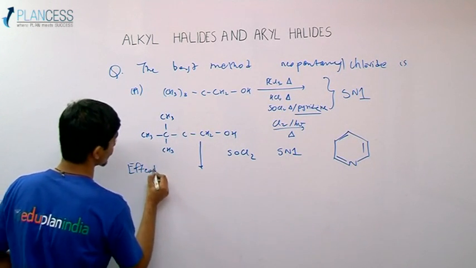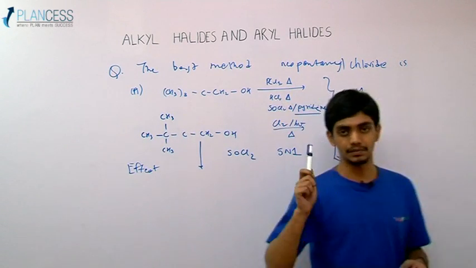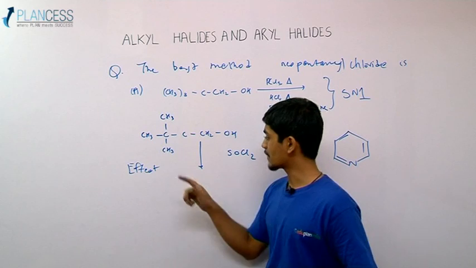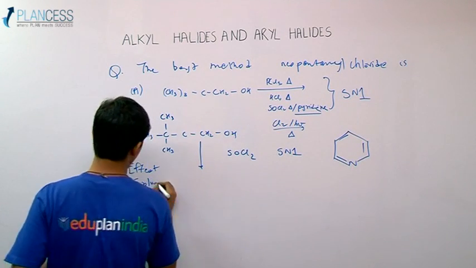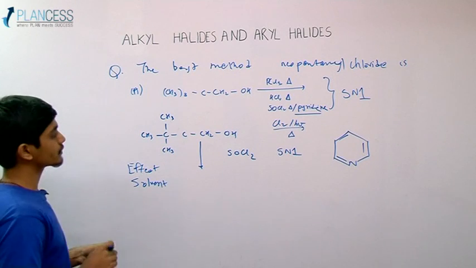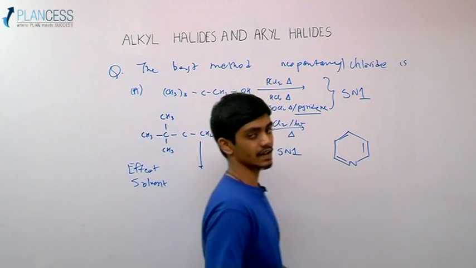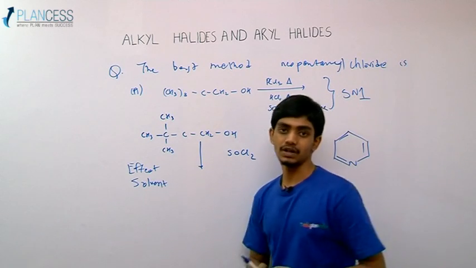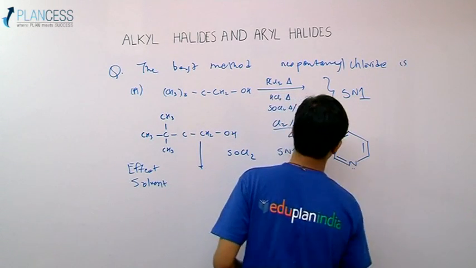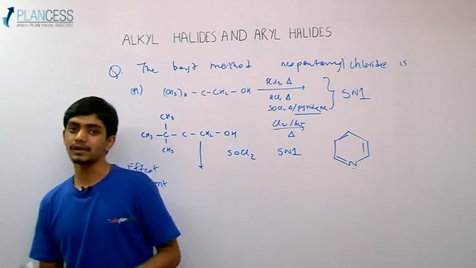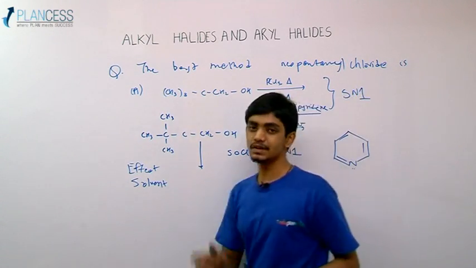If you remember, we have discussed the factors which affect nucleophilic substitution, and one major important factor was the effect of solvent. So the effect of solvent here is, formation of carbocation takes place from this reactant and pyridine stabilizes the carbocation. How does it stabilize? Pyridine has a lone pair of electrons, so it can donate the lone pair to the carbocation, and hence stabilize it.